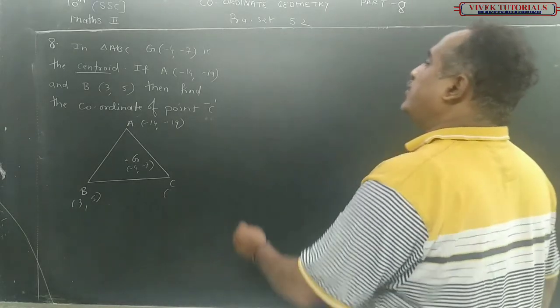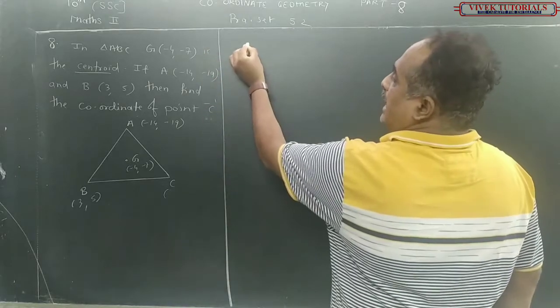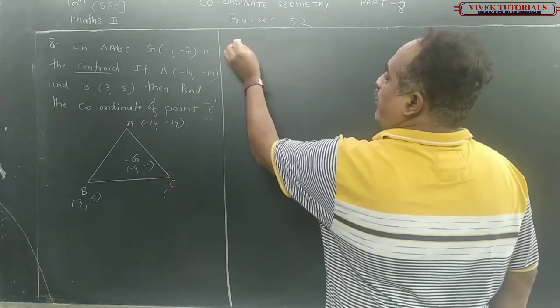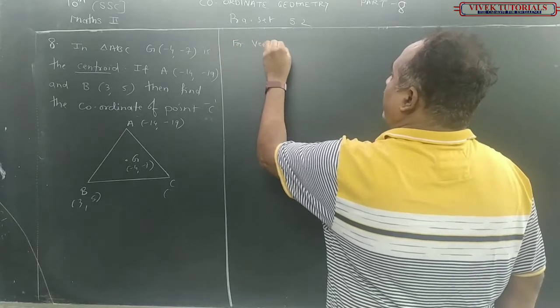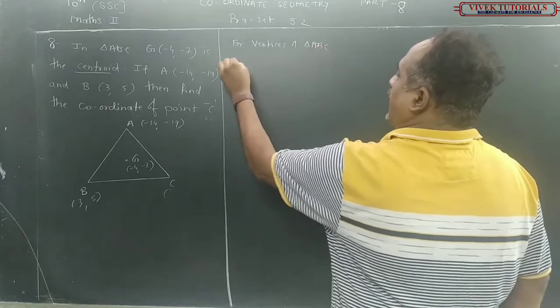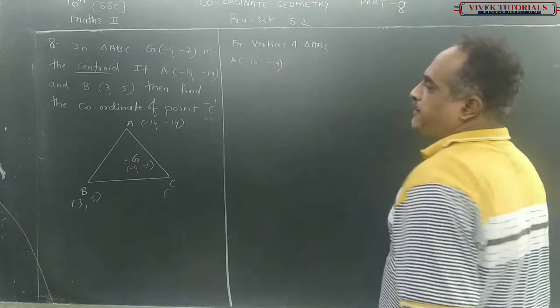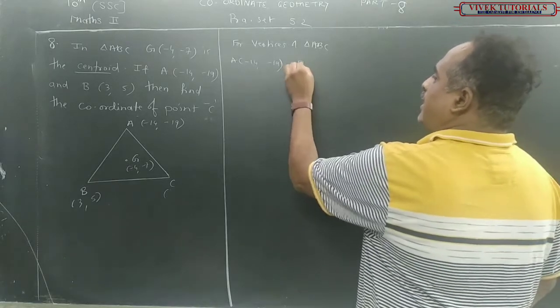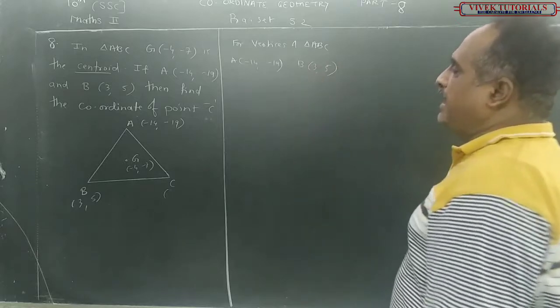Same way we are going to do. Okay, so I will start. For the vertices of triangle ABC, A is minus 14 and minus 19, B is 3, 5.